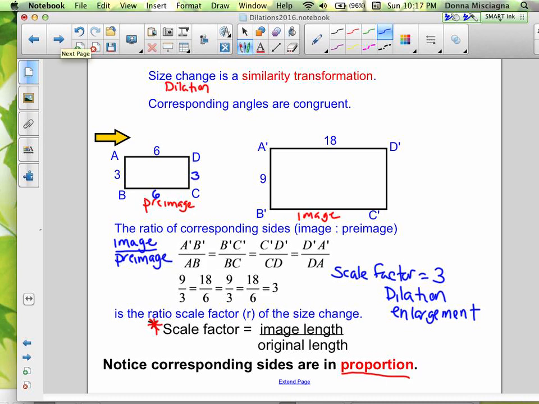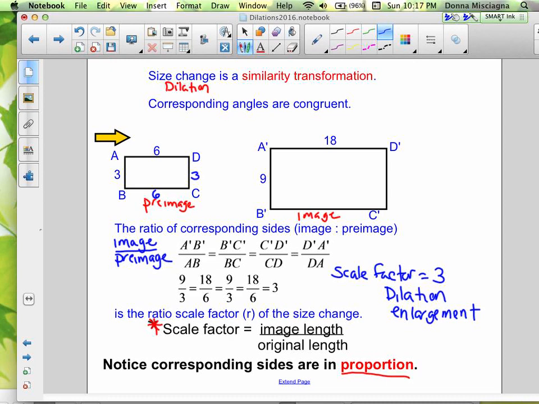So the ratio of our corresponding sides, if we match up the corresponding sides, so here we matched up A prime and B prime, and that corresponds to AB. B prime and C prime correspond to BC. C prime and D prime correspond to CD, and D prime and A prime correspond to DA, right?